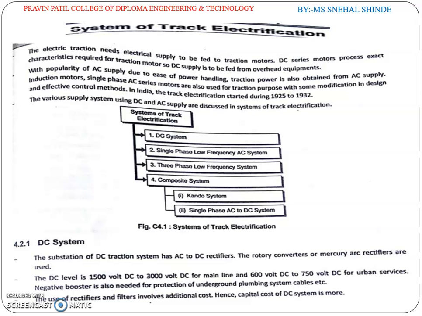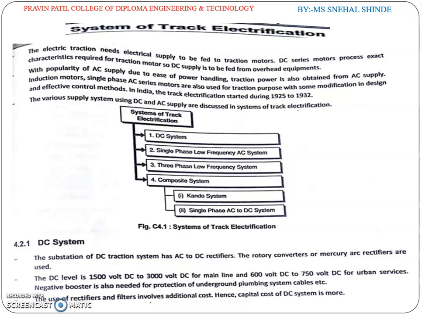With the popularity of AC supply due to ease of power handling, the traction motor power is also obtained from AC supply. Induction motors and single phase AC series motors are also used for traction purposes with some modification in design and effective control methods.